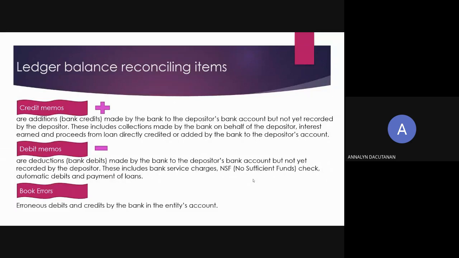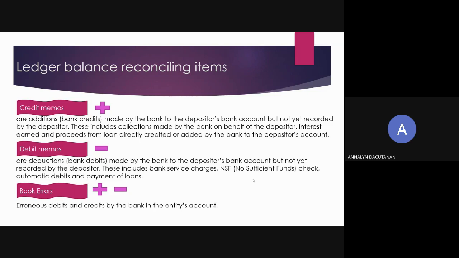So, if it's an erroneous debits and credits by the bank in the entity's account, if that's the case, okay, you have to add it back. If it's an erroneous debit, ibig sabihin, dinebit mo yung account, you have to add it back. And then, if it's an erroneous credit, you have to deduct it.